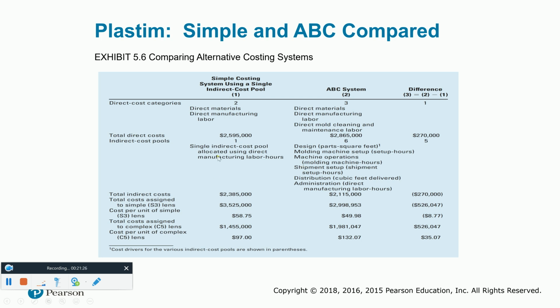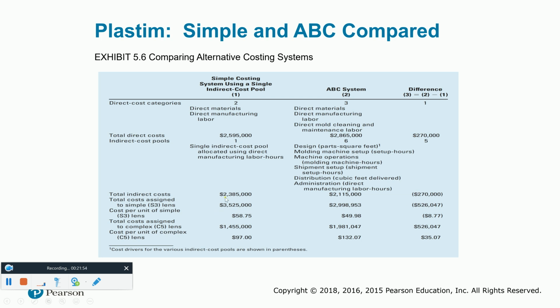But with the activity-based costing system, we came up with different cost drivers for different expenses. All right, and so using the simple costing method, we allocated $2,385,000 in indirect costs. With the activity-based costing system, only $2,115,000. The difference is $270,000. That's because the $270,000 was the direct manufacturing overhead that we see up here that was directly allocated.